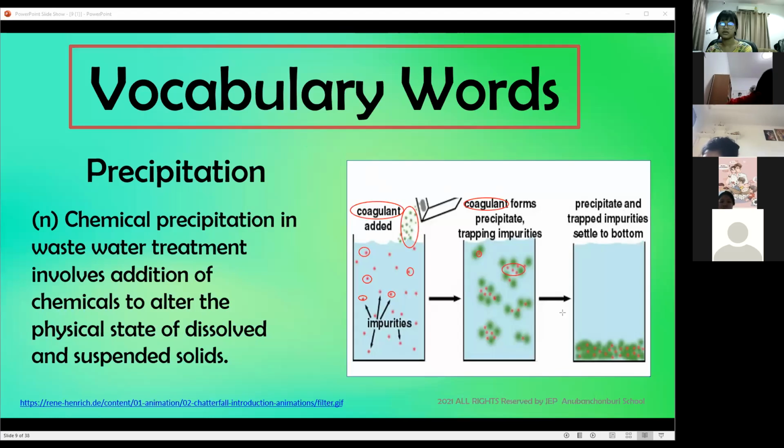When they are large enough, they will settle at the bottom of the water container. So this part of the water right here will be clean. I will repeat. This part right here of the water container, it will be clean. You understand? So that is how the precipitation process works.